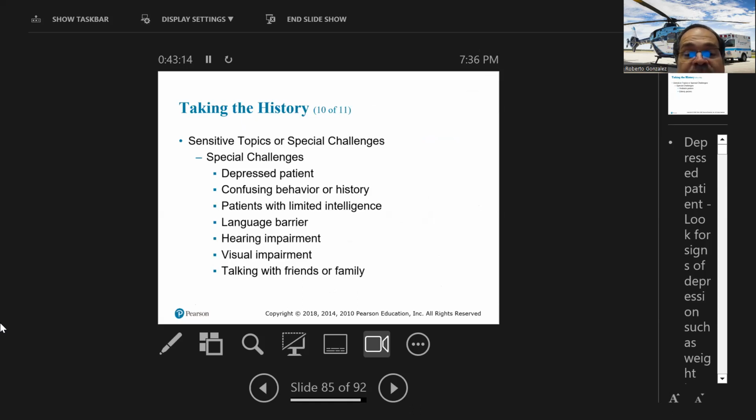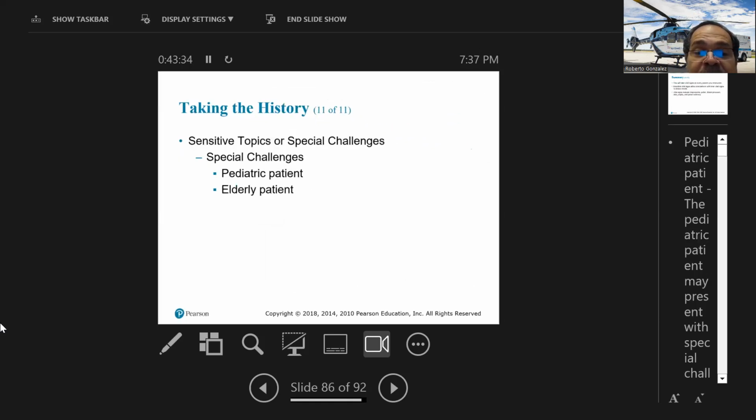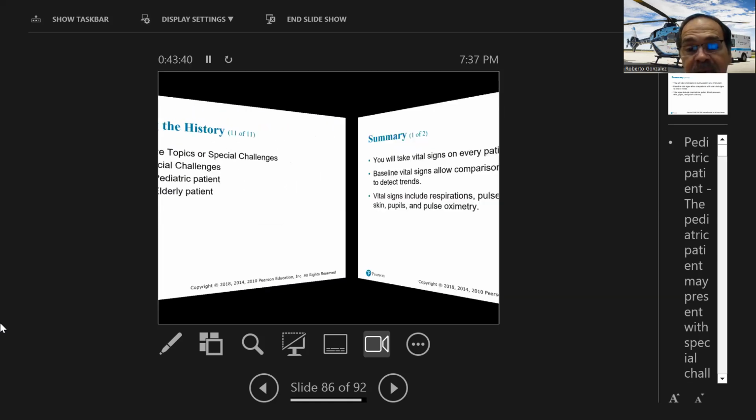Depressed patients also, confusing behavior or history, patient with limited intelligence, language barrier, hearing impairment, visual impairment, or talking with a friend or family. They're trying to give you all the information, but they're not helping. Okay, sensitive topics, special challenges, pediatric patients, and elderly patients.